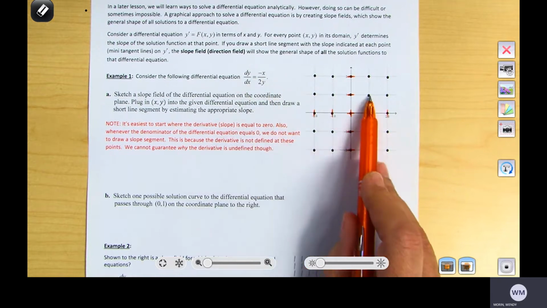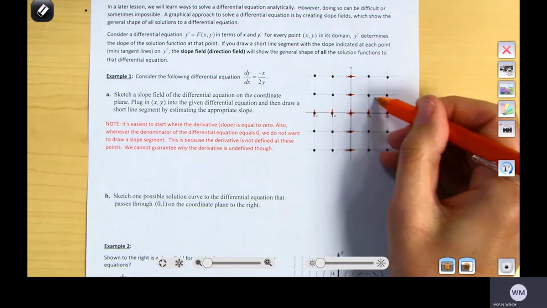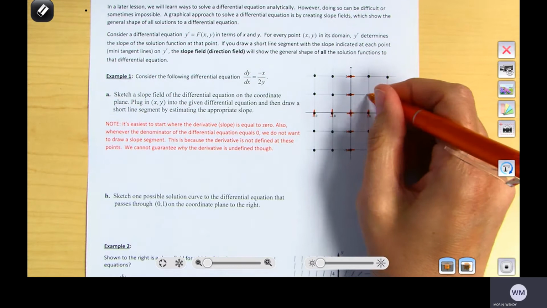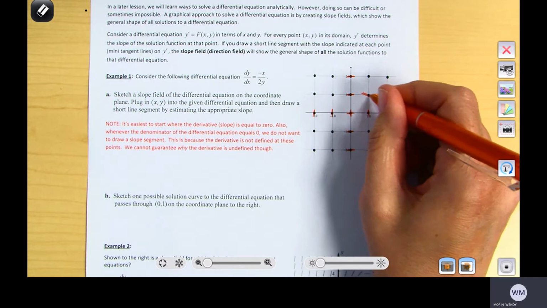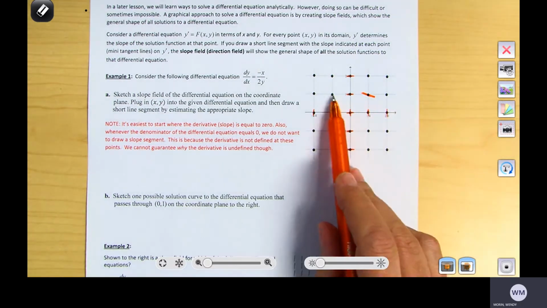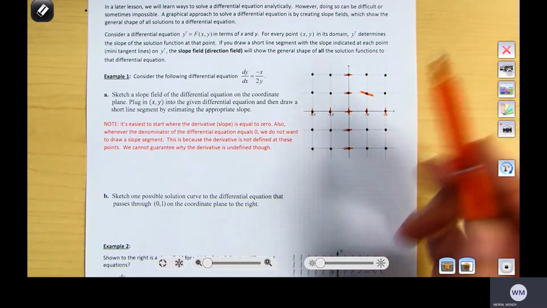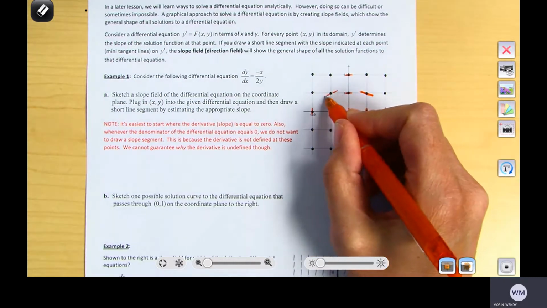So if the graph were to go through this point, what does a -1/2 slope look like? Well, a -1 slope would be at a 45 degree angle. So again, we're just guesstimating what a -1/2 slope would look like if the graph were to go through that point. We can do this point here. If we plug in (1, -1), that gives us a -1/2 slope.